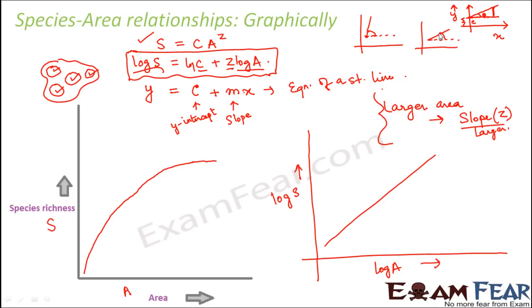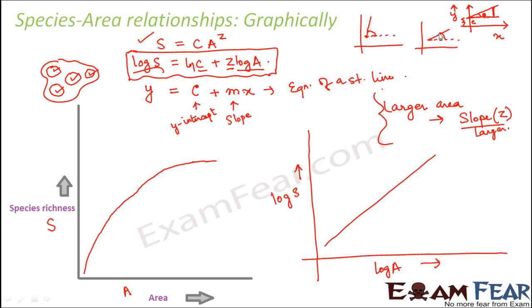So for a larger area, you have a larger value of slope. That means theta is more, which means the graph is more steep. So the slope is steeper. Whereas if the same species area relationship is analyzed over a smaller area, just the vice versa happens. That is, the value of the slope is smaller and the slope is less steep.